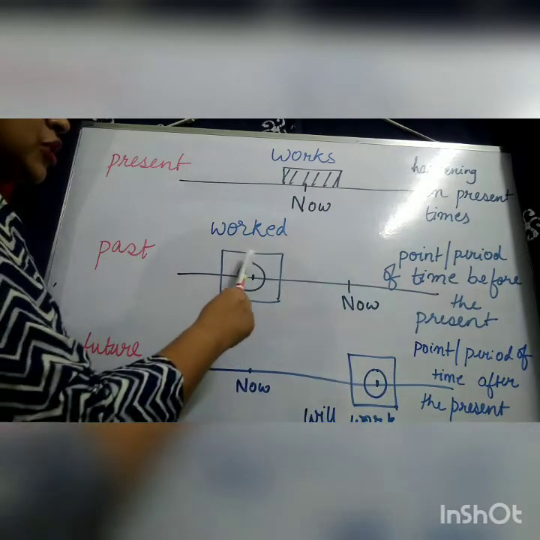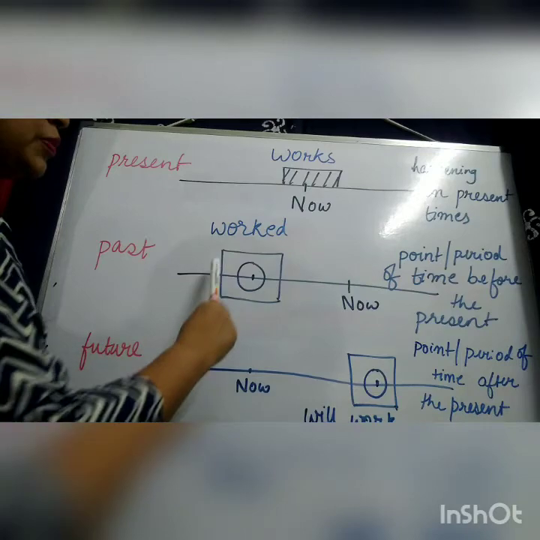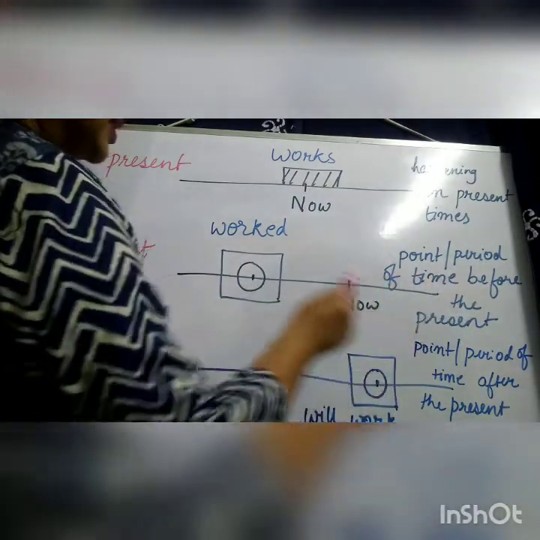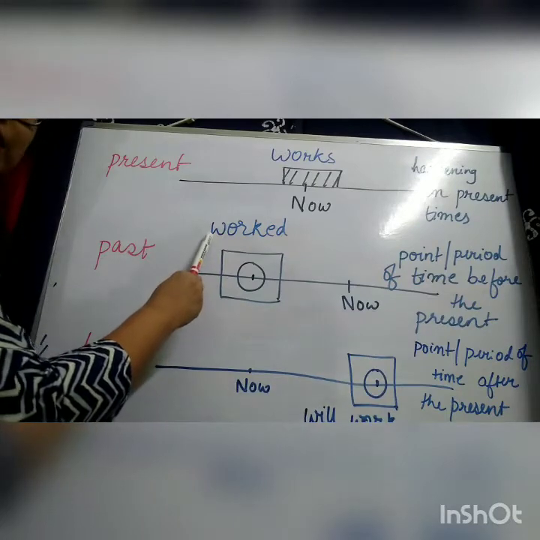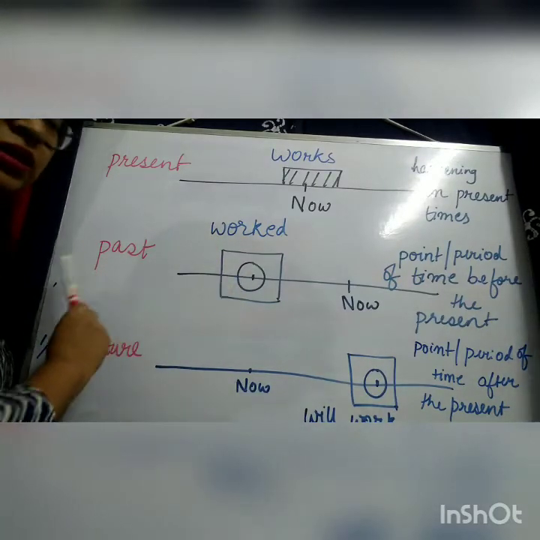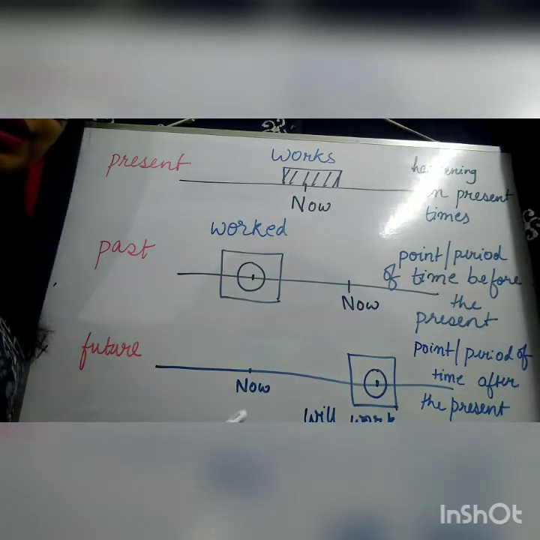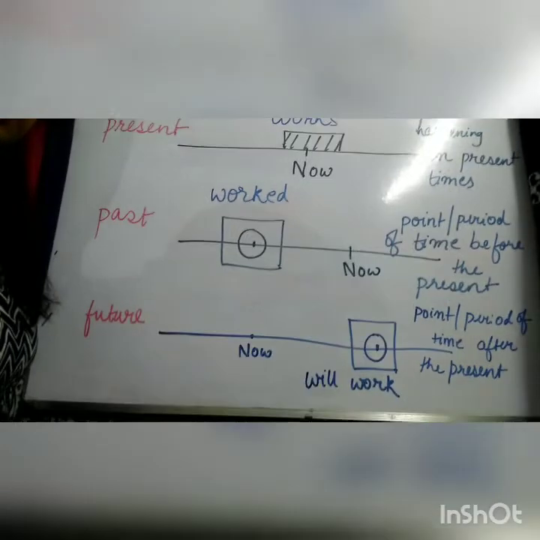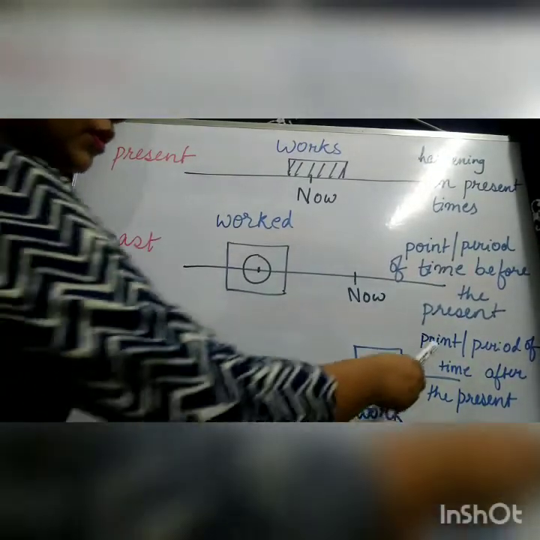An action which has happened at an earlier point of time, a point or a period of time before the present, will be represented as worked. This is called past.